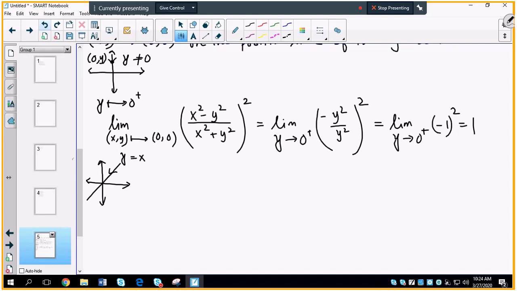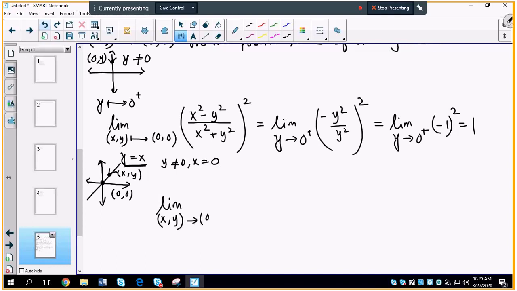So I can say that since y is equal to x and the point x, y is approaching the point 0, 0, neither y nor x is equal to 0. So y is not equal to 0, x is not equal to 0. Remember, they are equal to each other though. So I will rewrite my limit in one variable.